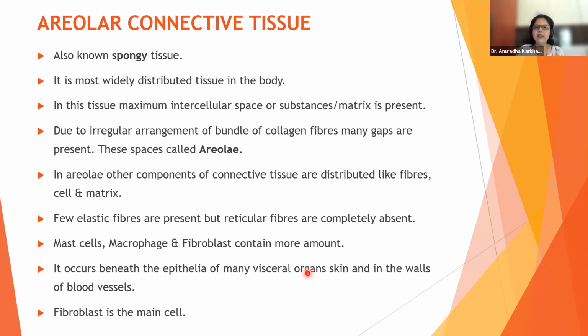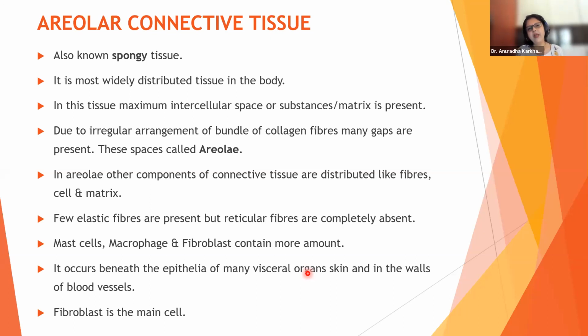It occurs beneath the epithelia of many visceral organs, like skin, and also in the walls of the blood vessels. So where is this areolar tissue predominantly found? Below the epithelia of visceral organs, also in the skin, and also in the walls of the blood vessels. Fibroblast is the main cell.